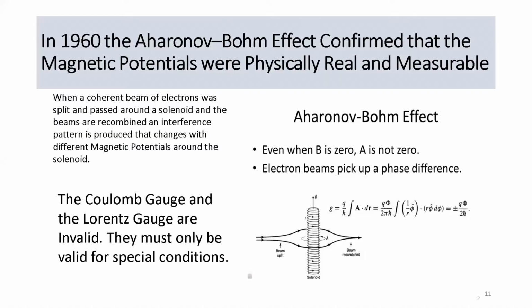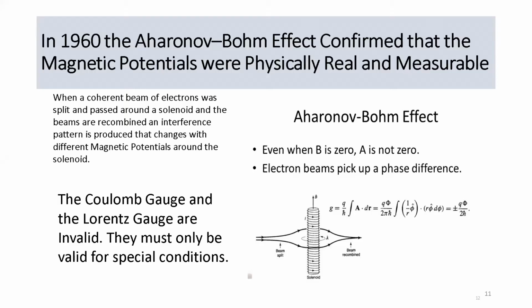One thing is that in 1960, the Aharonov-Bohm effect confirmed that these magnetic scalar potentials were physically real and you can measure them. They would take a coil where A is not zero around the outside, but B is zero. So they would pass a beam to either side of this coil and then reconverge it, and it should be the same, but it doesn't.